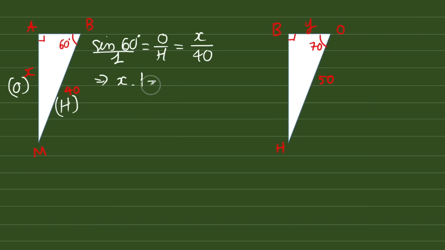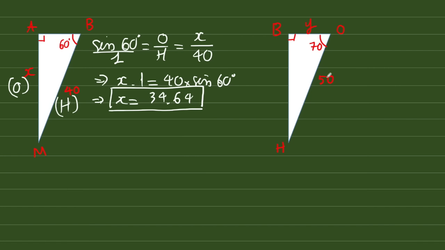X times 1 is x, so x will be 40 times sine of 60. You get 3.64.